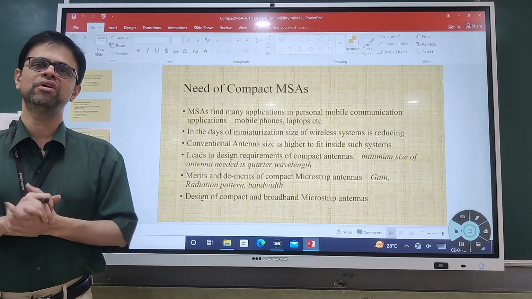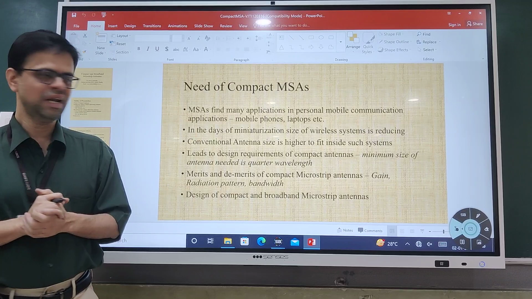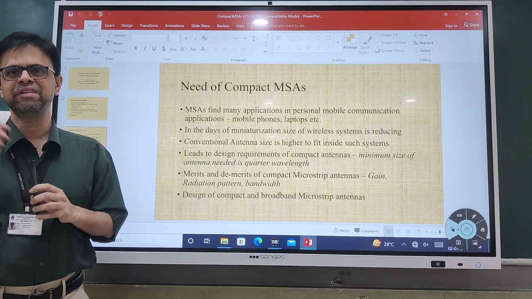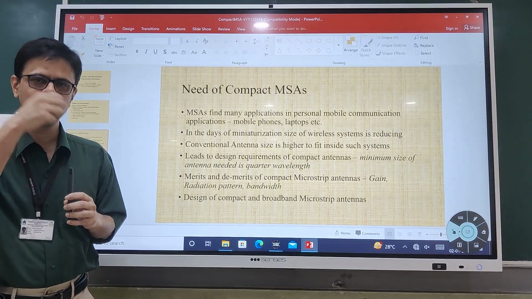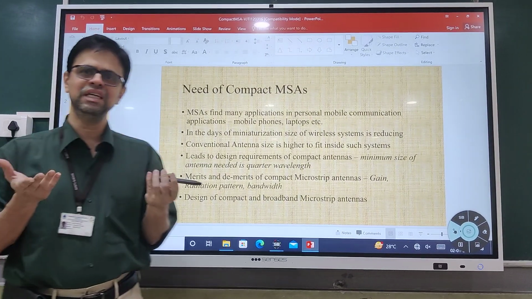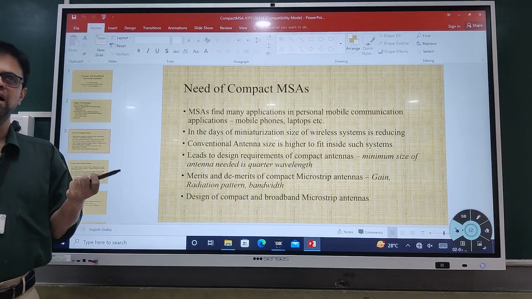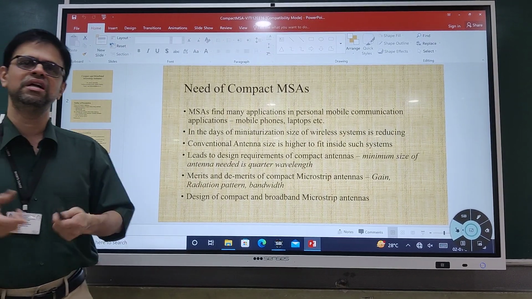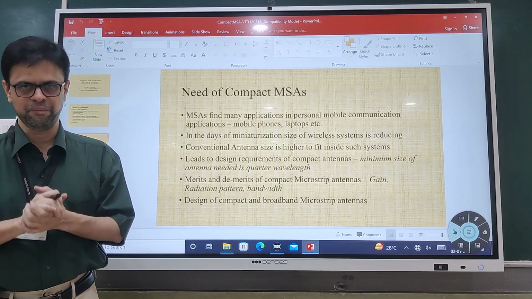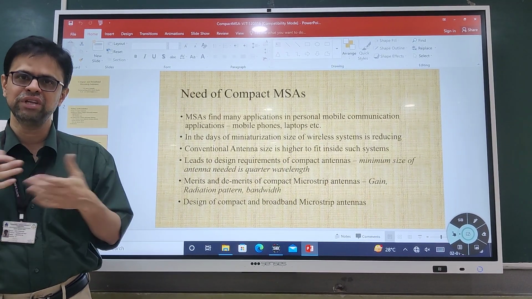Take the example of your laptops. In your laptops, earlier there used to be an external Wi-Fi antenna for Wi-Fi connectivity, connected through different ports. But nowadays you will not see any such external devices mounted on your laptop. So where and how are they placed?